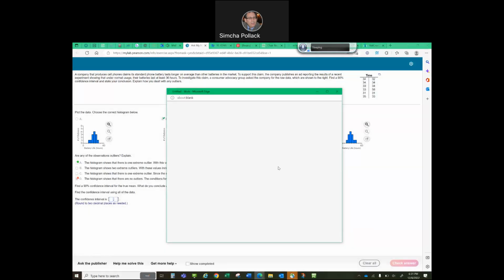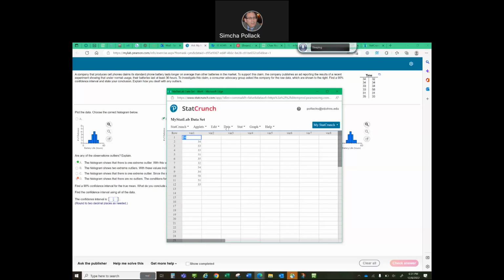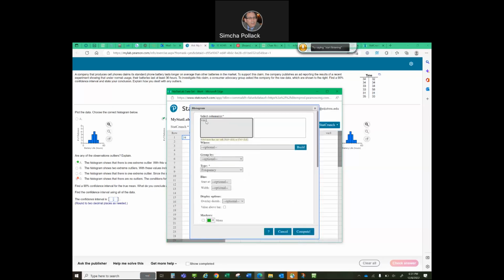Open StatCrunch. This time, one of the rare times, you go to Graph, make a histogram, Bar 1, nothing, nothing, nothing. Start at 0. I'm looking at the pictures to make that guess.